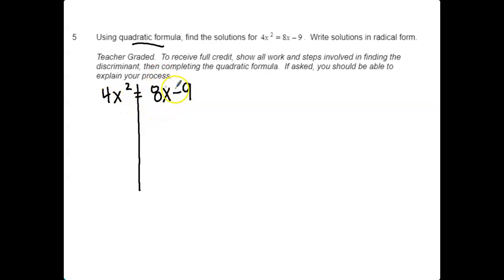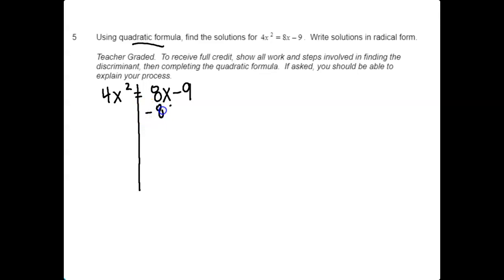So it really doesn't matter whether you move the 4x squared or whether you move the 8x minus 9. It might look different at first, but you're going to get exactly the same answer. I'm going to go ahead and move the 8x and the 9 just because I normally like for my a to be positive if possible.